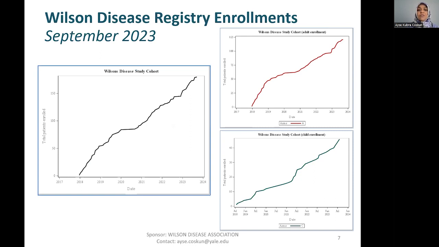Among them, 59 are pediatric patients, and 16 of these pediatric patients transitioned to the adult cohort once they reached the age of consent. The plateau in these graphs, seen here, here, and here, reflects the period that research activities were suspended or limited due to COVID-19 pandemic.